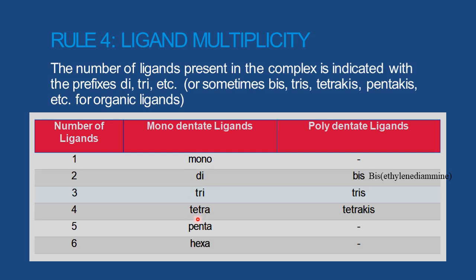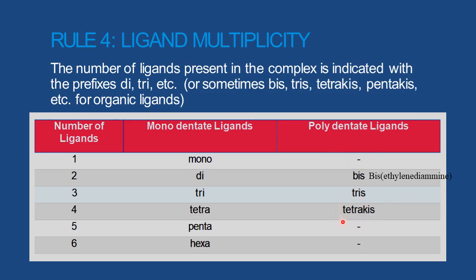But students, if we have polydentate ligands, bis is the prefix when we have two of the same polydentate ligand. If we have three of the same polydentate ligands, then the prefix used is tris. And if we have four of the same polydentate ligands, the prefix that is added is tetrakis, for organic ligands.